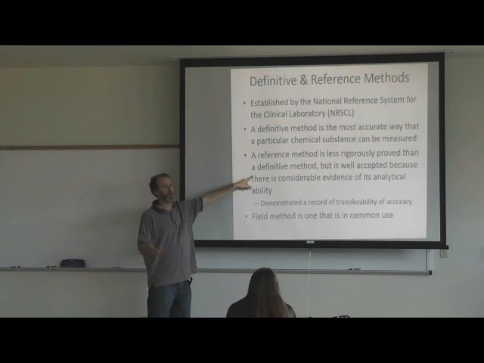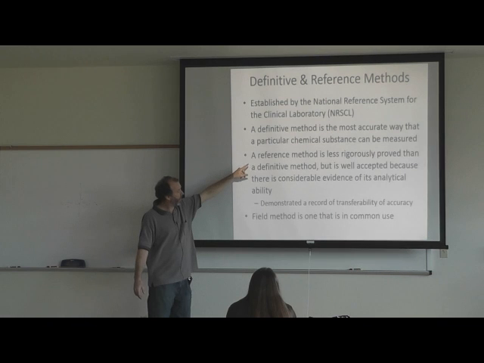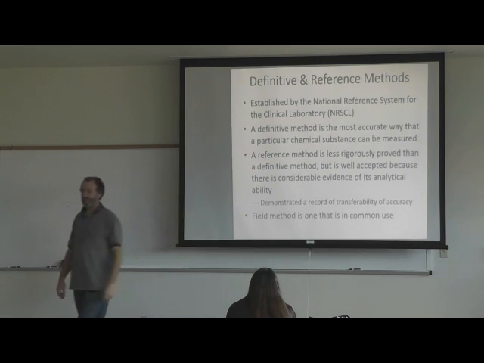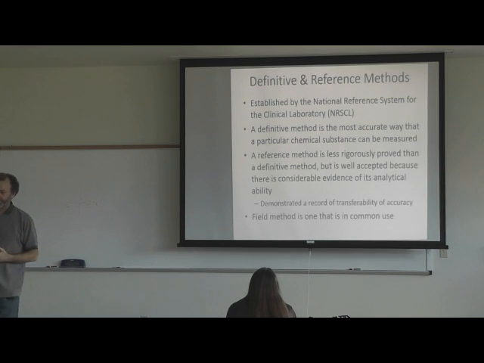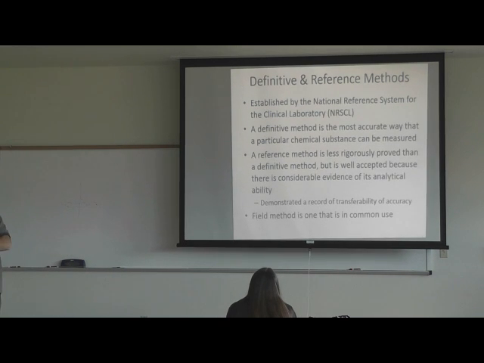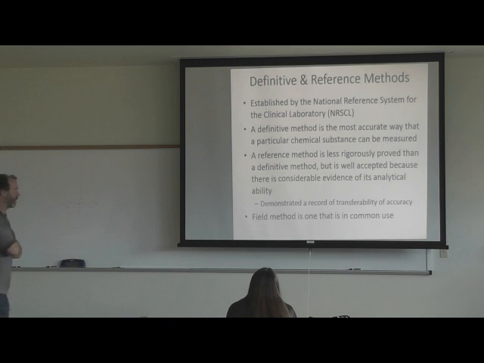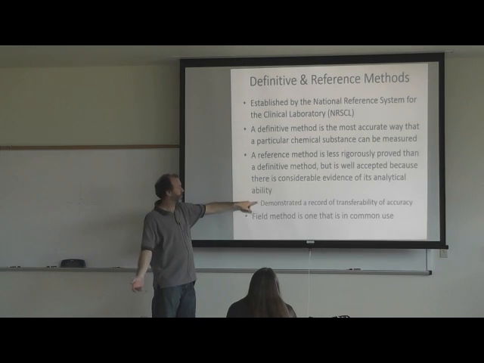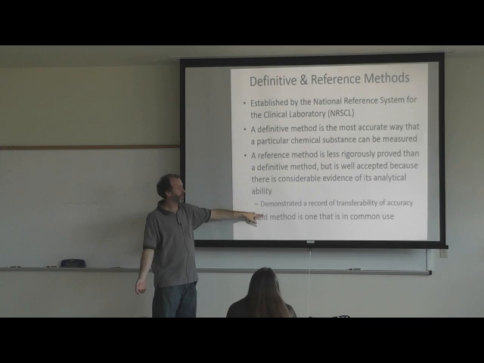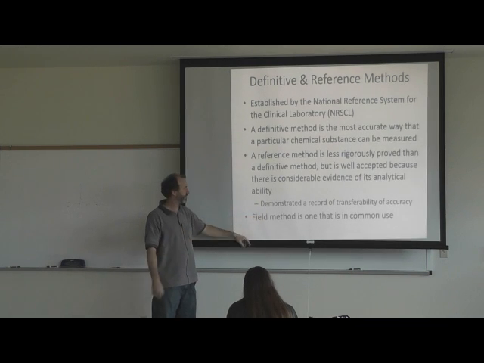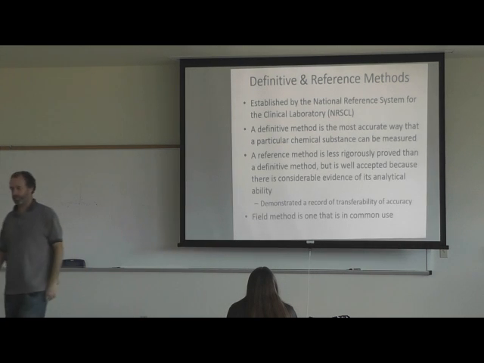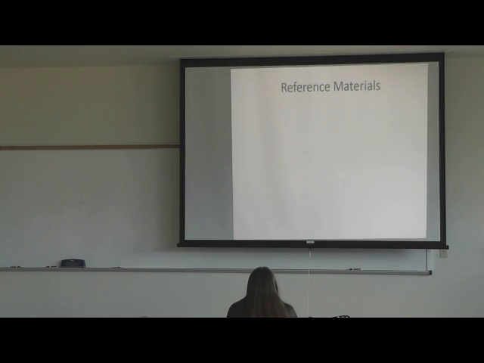Real expensive, complicated methods that you can't do on a regular basis. A reference method is less rigorously proved than a definitive method, but it's well accepted because there is considerable evidence of its analytical abilities and it has demonstrated a record of transferability of accuracy. Field methods are the ones that are in common use, and that's what we're normally going to use.